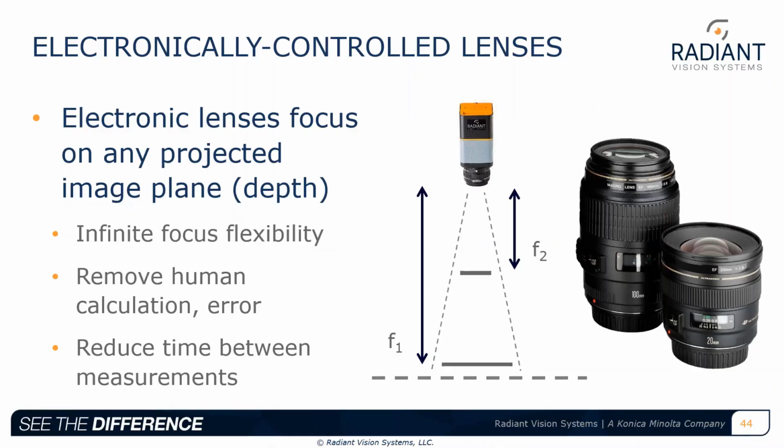So we're going to talk about simplifying that focus process. I mentioned a couple times already the electronic lens and the ability to change things like the f-stop. So when we pair the electronically controlled lens with our I-Series or Y-Series systems, we increase the flexibility from a focal perspective.